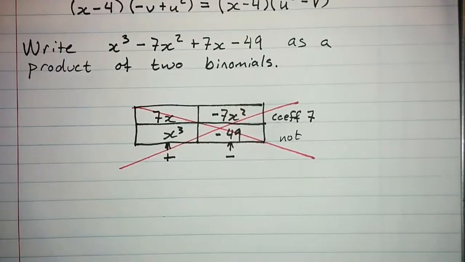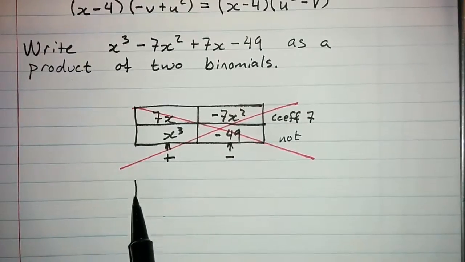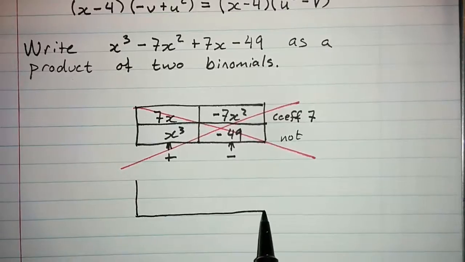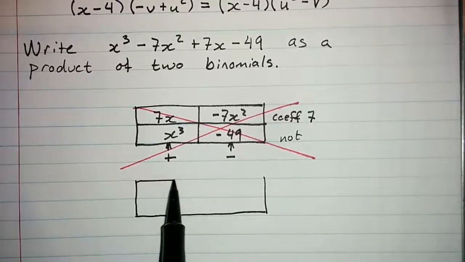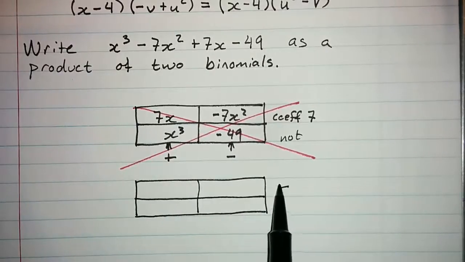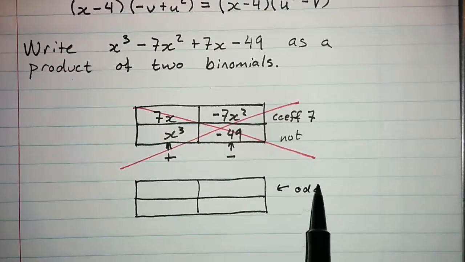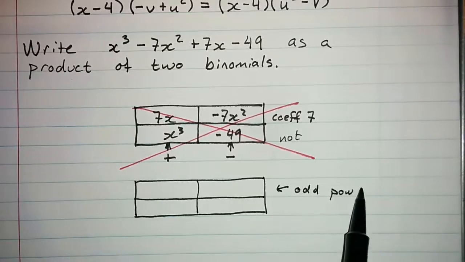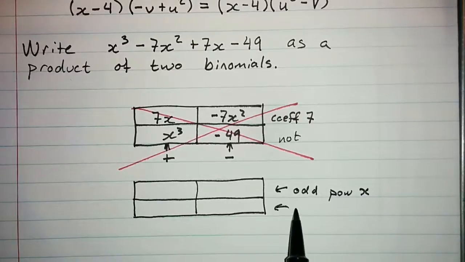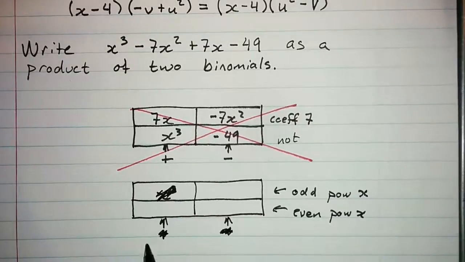The way I'm seeing the categories that end up working out for me, and again, maybe you described these differently, I have odd power of x and an even power of x. And then I have high and low for my columns. All right, so what do I mean by that?